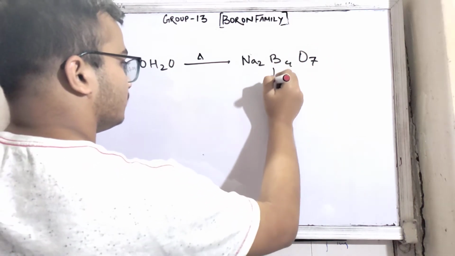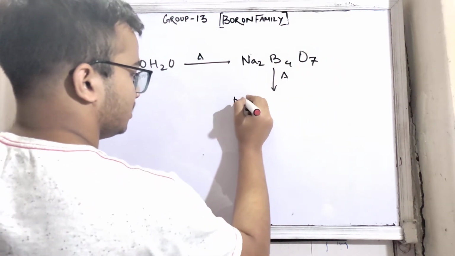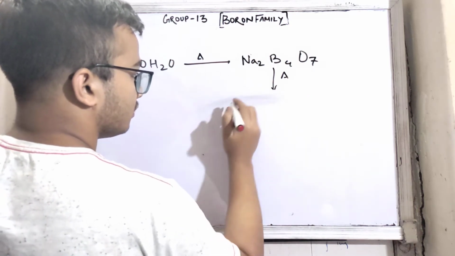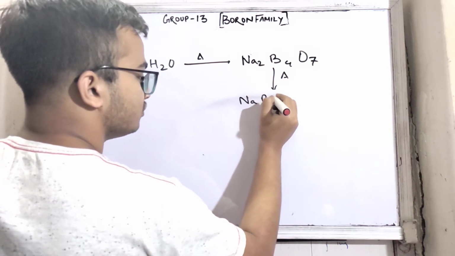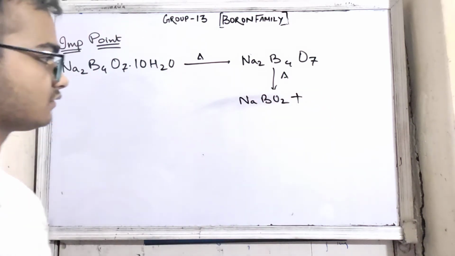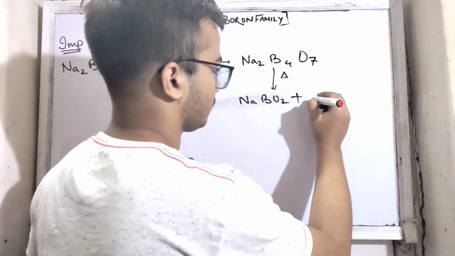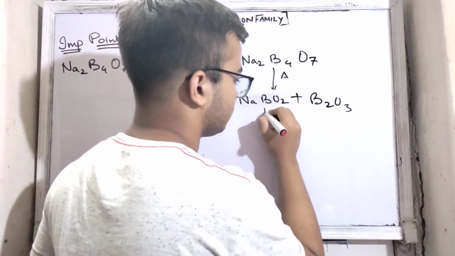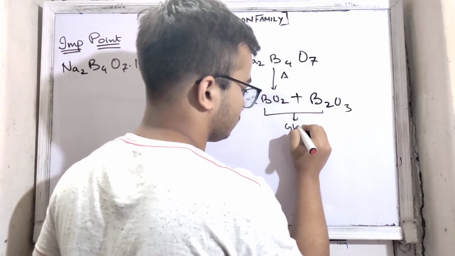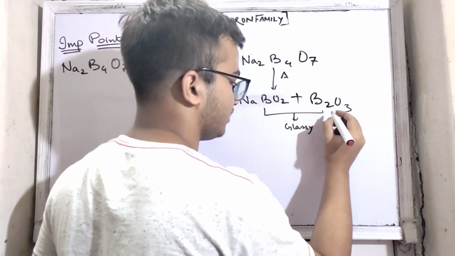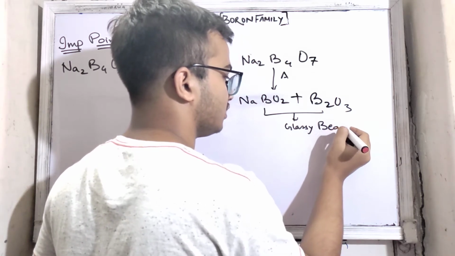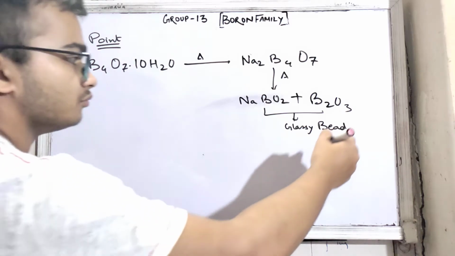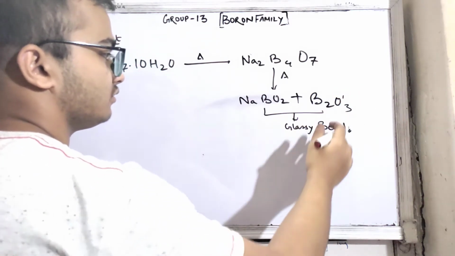Now when you heat this extremely, you get NaBO2 plus B2O3. This is called glassy, this is boric anhydride. I did this just now in the previous lectures. Now B2O3, I have to work with this.